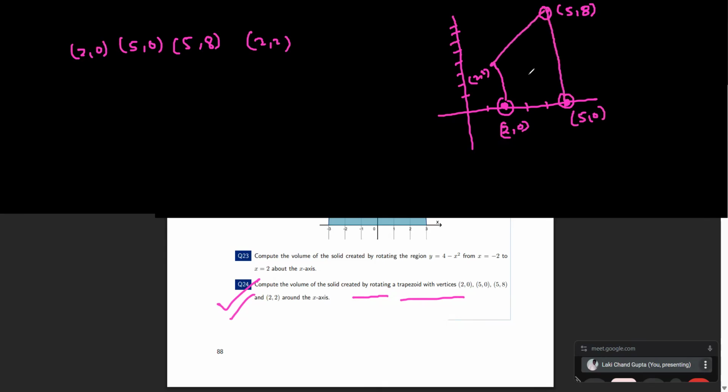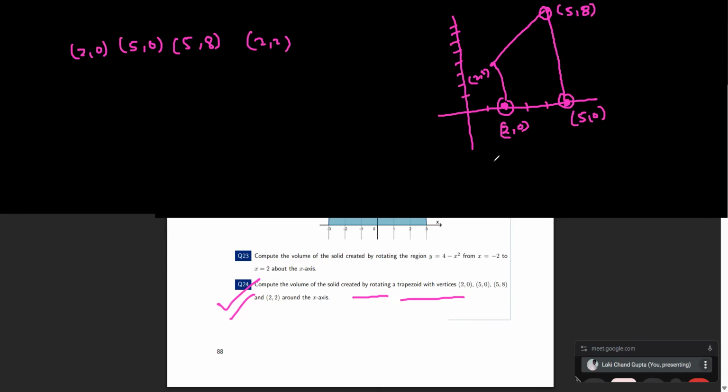This is a trapezoid, right? We have to find the volume of the trapezoid. How can we find the volume of the trapezoid? Suppose you are rotating this along the x-axis. So what will be the volume?